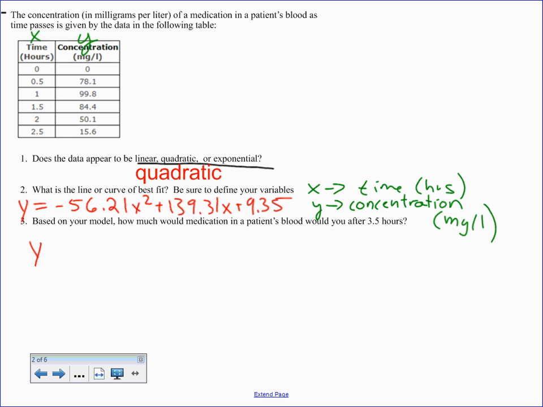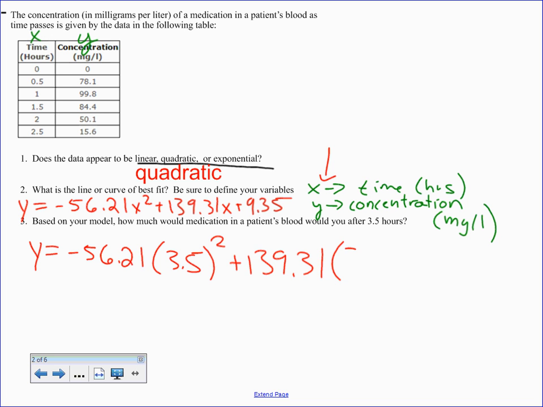So we're going to go ahead and plug 3.5 in for x, because x, as we said, represents the amount of time in hours. And when we evaluate this, what we will find is we get a negative value.